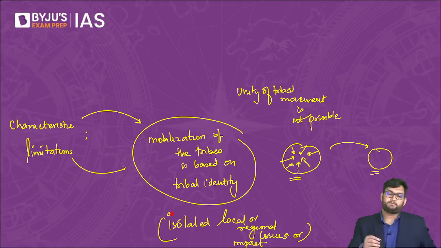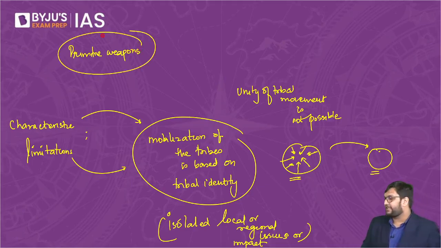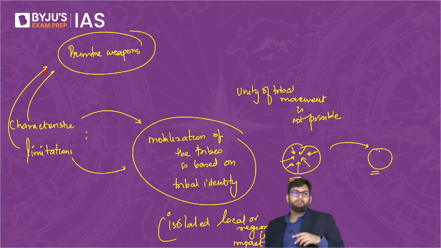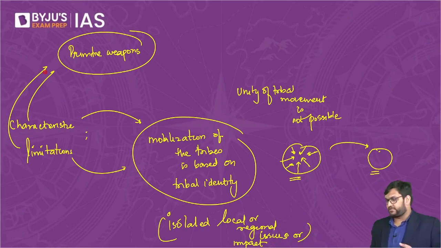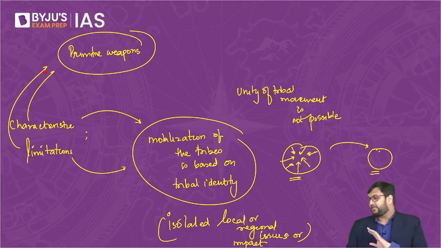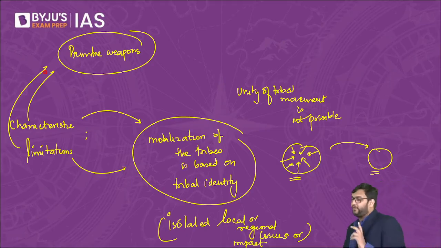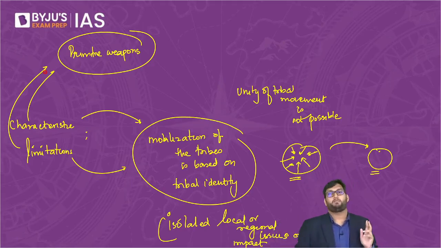Second is that they have extremely primitive weapons. So as much as they can rebel, the problem is that the modern weaponry of the British, if the British bring in their army or bring in their forces, there is no chance that the tribals would survive that much level of firepower and weapon based violence.